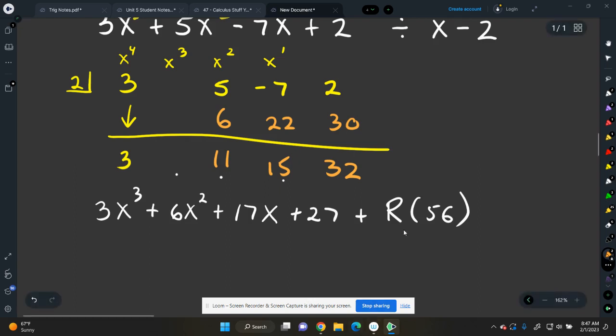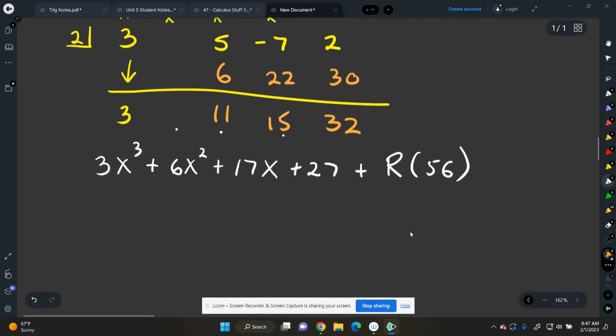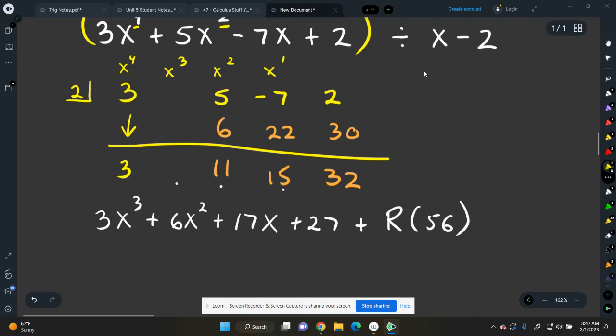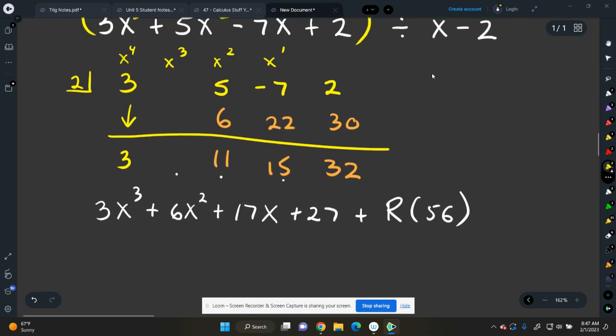Okay, let's make a connection here. So, based on this, is x minus 2 a factor of 3x to the fourth plus 5x squared minus 7x plus 2? No. Why not? Because it has a remainder, right?